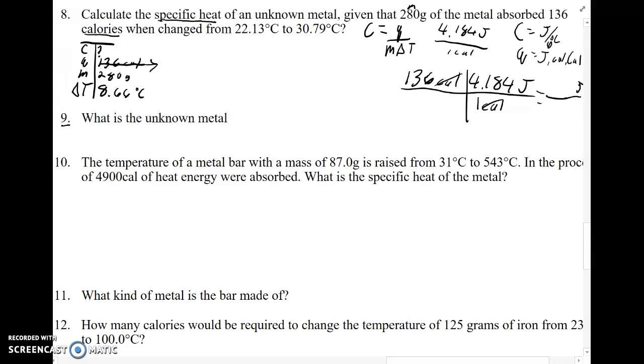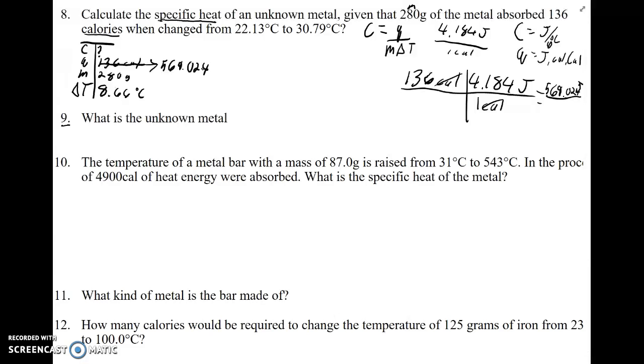And 136 times 4.184 divided by 1 equals 569.024. So I'm going to plug that in over here, 569.024. I want to leave all those decimals in there since I'm going to be using that for a calculation later.